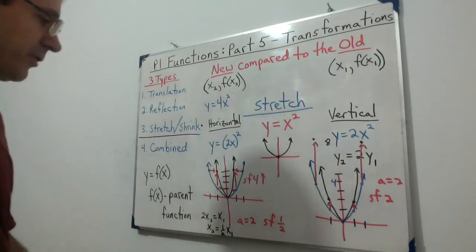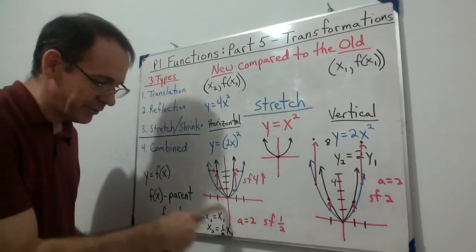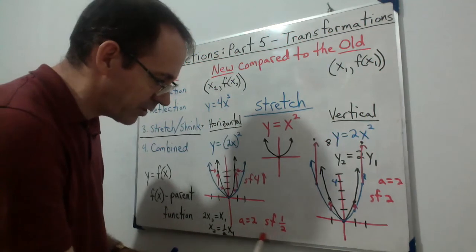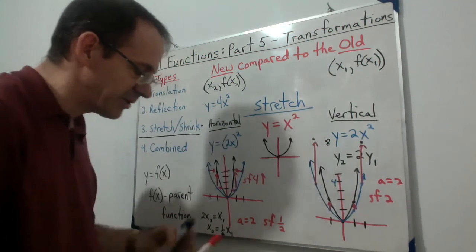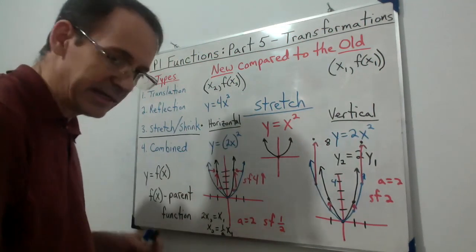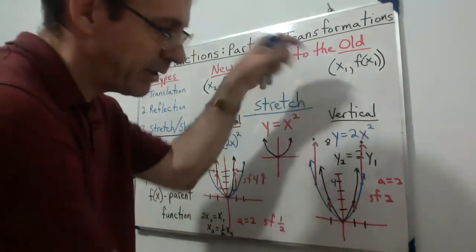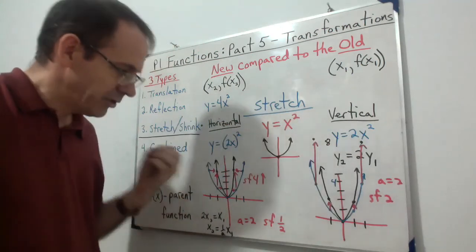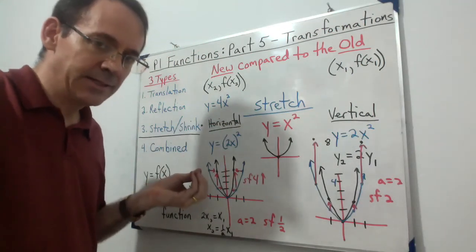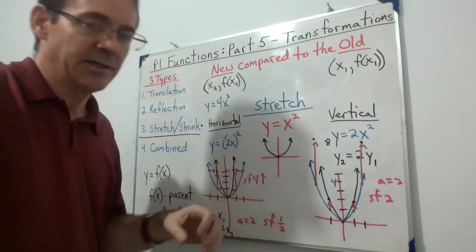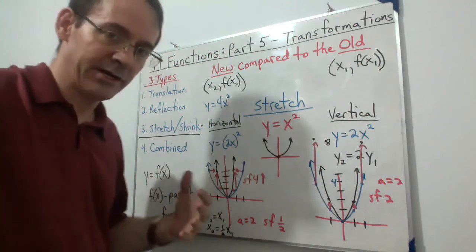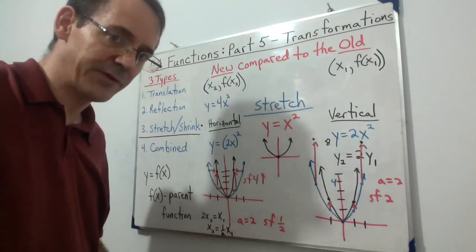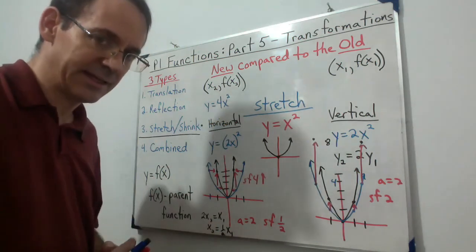What's important for you is that you can figure it out algebraically. If they give you a stretch factor parallel to the x-axis, stretch factor parallel to the y-axis, or using horizontal or vertical, you should be able to plot or sketch the appropriate parent function that does that particular scale factor in the direction that they indicate.